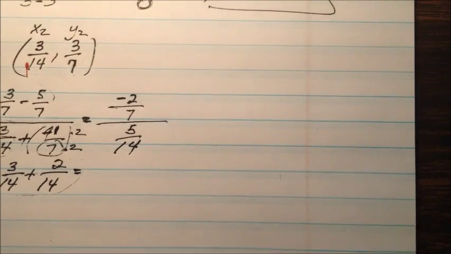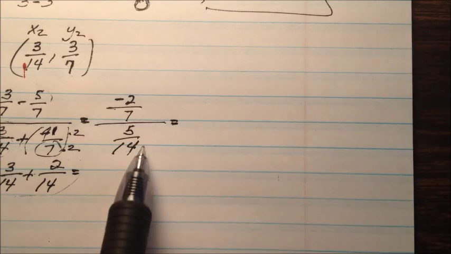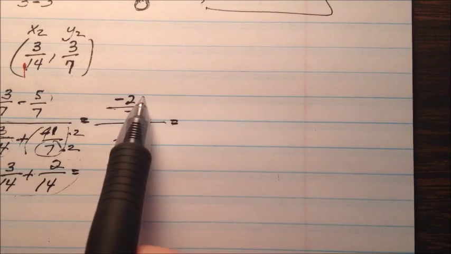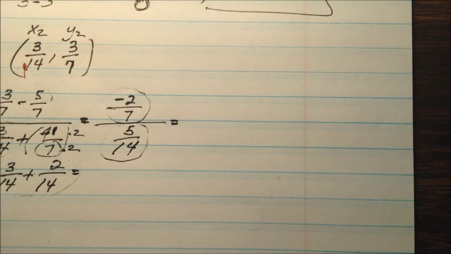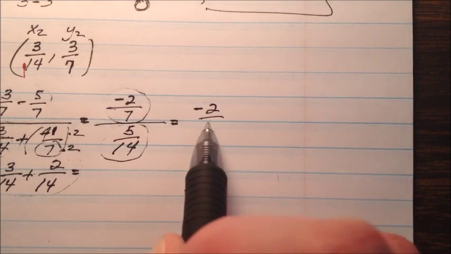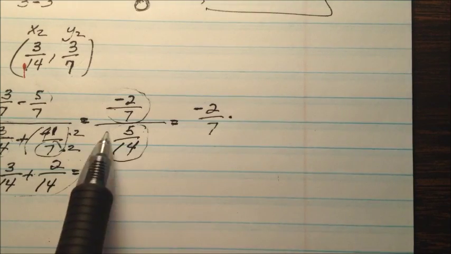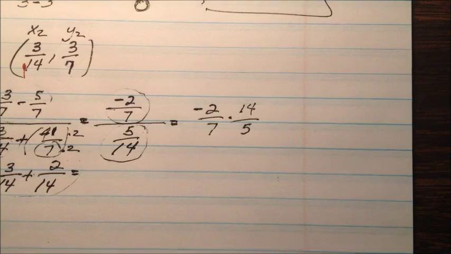Alright, we kind of have a complex fraction here, a fraction within a fraction. But remember, fractions just mean division, so I'm taking this fraction in the numerator divided by this fraction in the denominator. So really when you're dividing fractions, you copy dot flip, or you can say you multiply by the reciprocal. So it should be negative 2/7 times the reciprocal, 14 over 5.